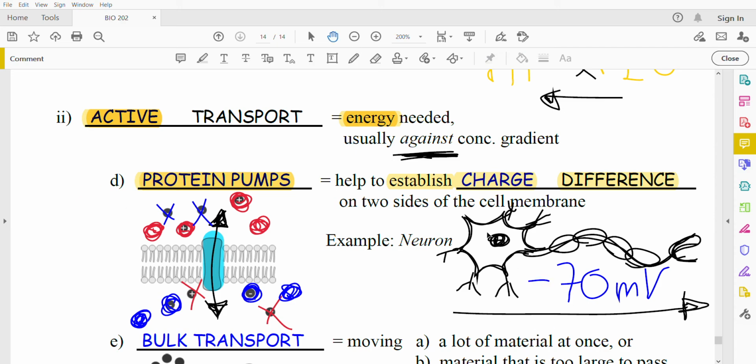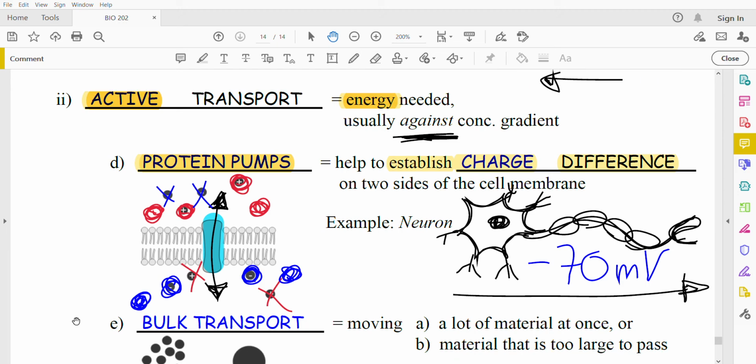The inside of the nerve cell is normally negative 70 millivolts in charge, and when the message travels through, it all of a sudden jumps positive for just that part where the message is traveling. So that's why we need to have active transport in certain cells to generate this charge difference on two sides, so that these cells can do whatever they need to do.